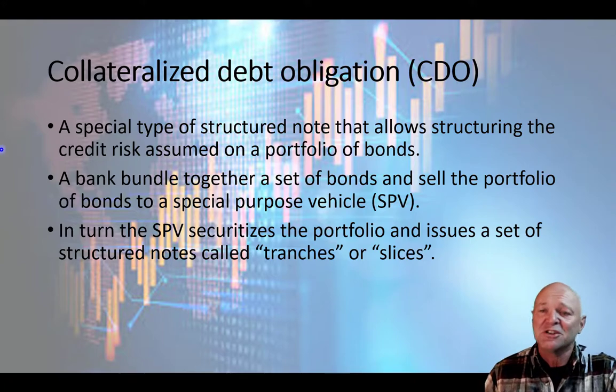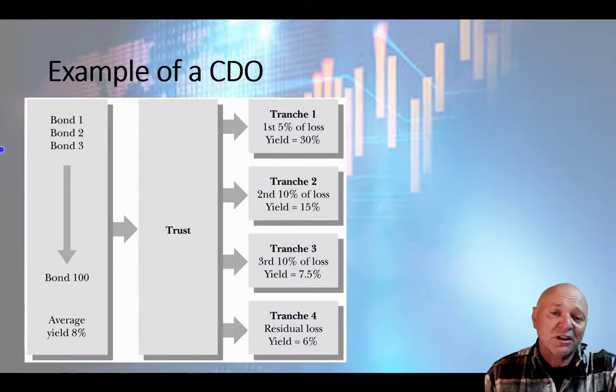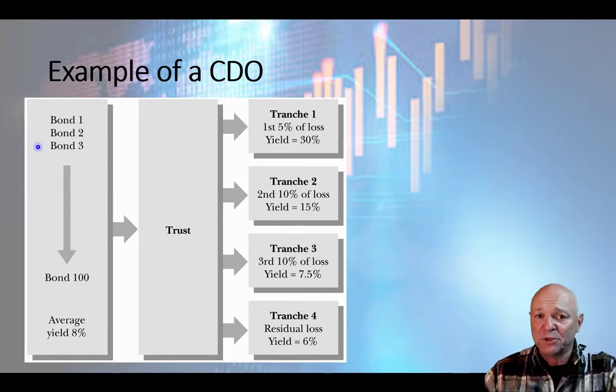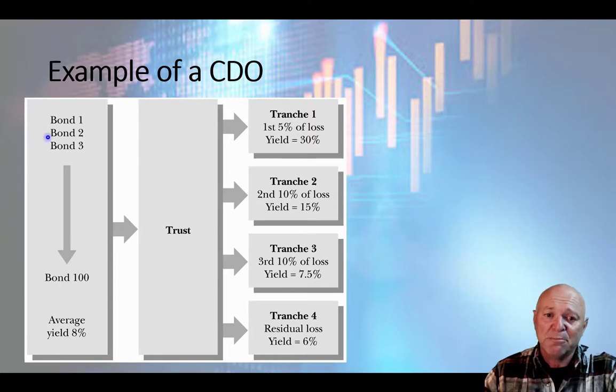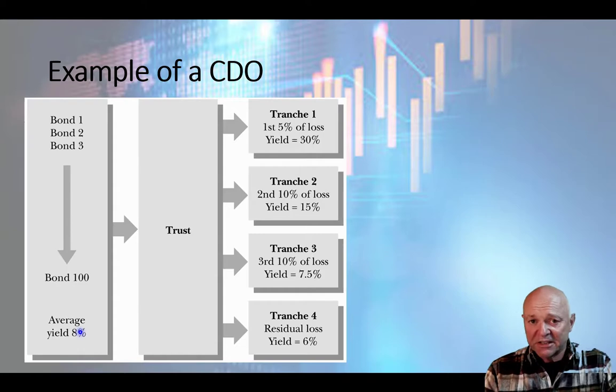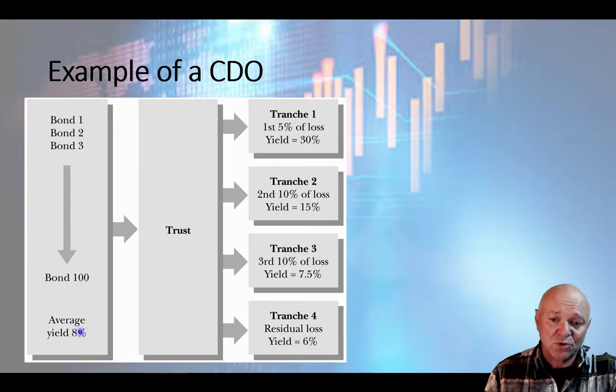It makes it sound so much better. Here you can see an example of how a collateralized debt obligation would work. We have the bank, which has financed many bonds, so perhaps 100 bonds, and the average yield for the entire portfolio of bonds is about 8%. They put all of these bonds in a package into the trust. The trust manager then will sell those in tranches.